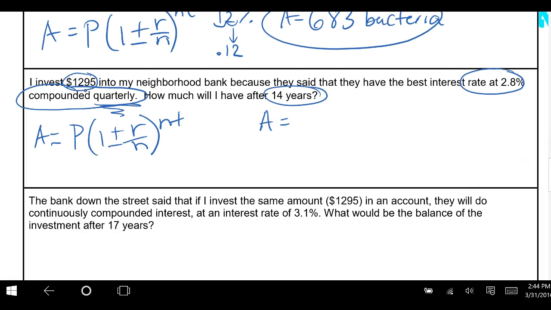So A equals the initial amount, 1295, times 1 plus the rate, which is 2.8, and remember we move the decimal 2 places to the left, so it becomes 0.028, all over 4, because we're talking about quarterly, which means we're dividing a year into 4 parts. And now our exponent will be n, which is 4, times t, which is 14.